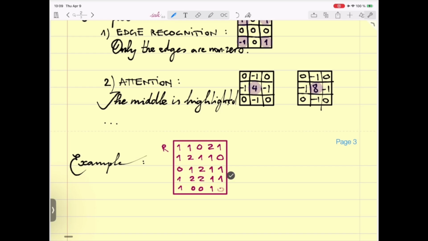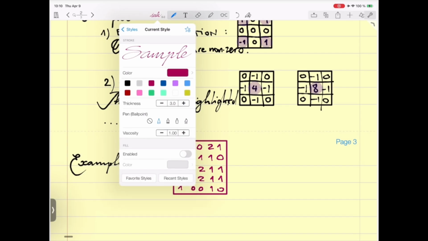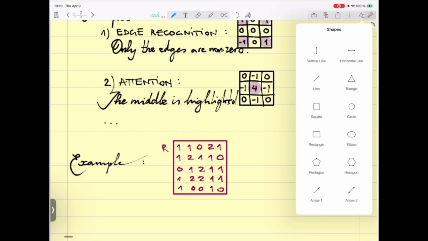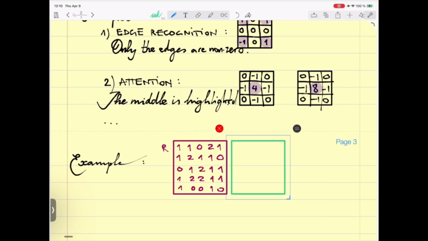Okay. Of course, we would do the same for each channel. But I'm just going to do it for the red one. Same thing happens if we go ahead and do the same for green and for blue.